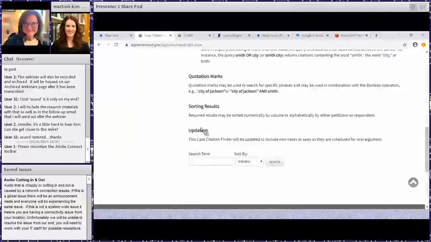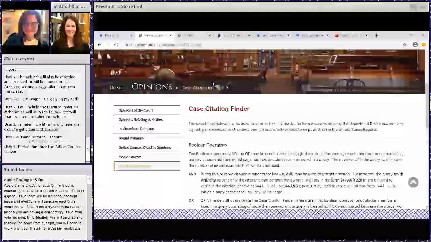I tested it a little bit and honestly, I just didn't think that it worked all that well. I tested it with cases where I knew what volume they were in, typed them in, and it did not bring up the right volume. So it might be something that you have to Google around to find the actual case citation and then come and look through the volumes that way.